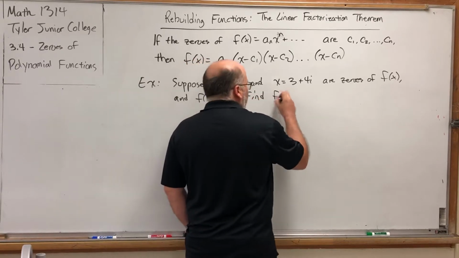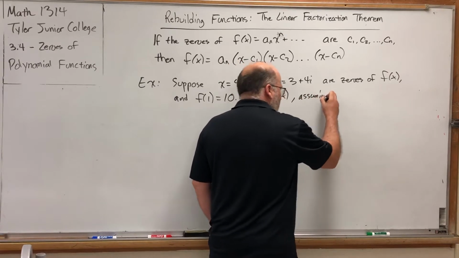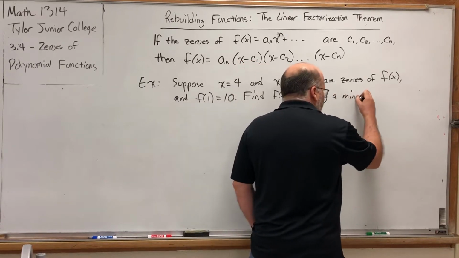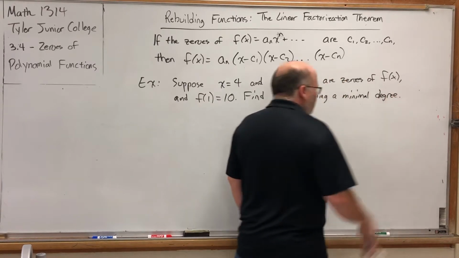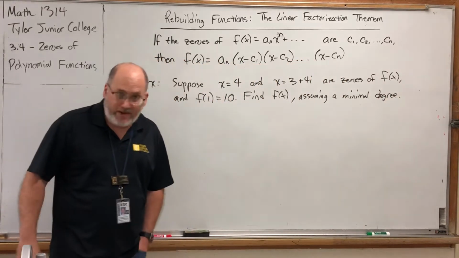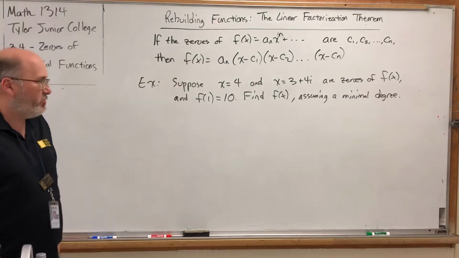Find f of x, assuming a minimal degree. Now, what do I mean by that? Well, our function has to have some degree. We want to find the one with the smallest possible degree that does this.